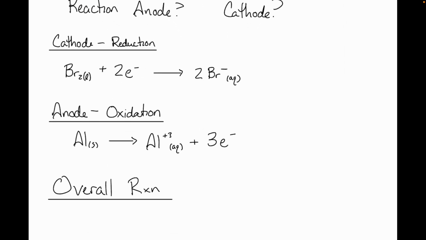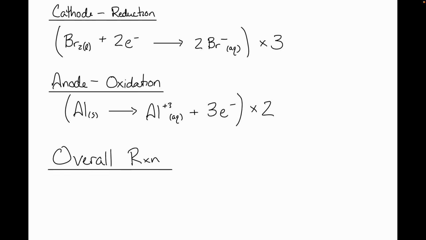Okay, so again, I'm going to sum up these 2 reactions, but what am I going to have to make sure cancels out when I sum them up? The electrons, right? So I got to square away these electron values here. I'm going to have to take this first reaction and multiply it by 3, and take this second reaction and multiply it by 2, so I have the same number of electrons on both sides.